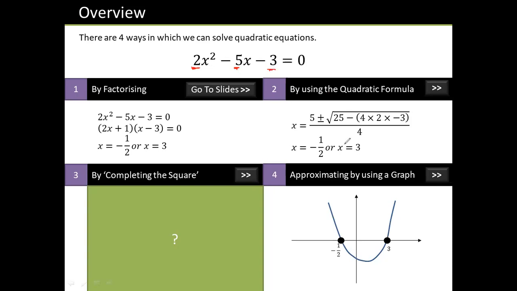Again, the formula is x equals negative b plus or minus the square root of b squared minus 4ac divided by 2a. So again, take note, this is your a, this is your b, and this is your c. Okay, so it will be used in solving using quadratic formula.